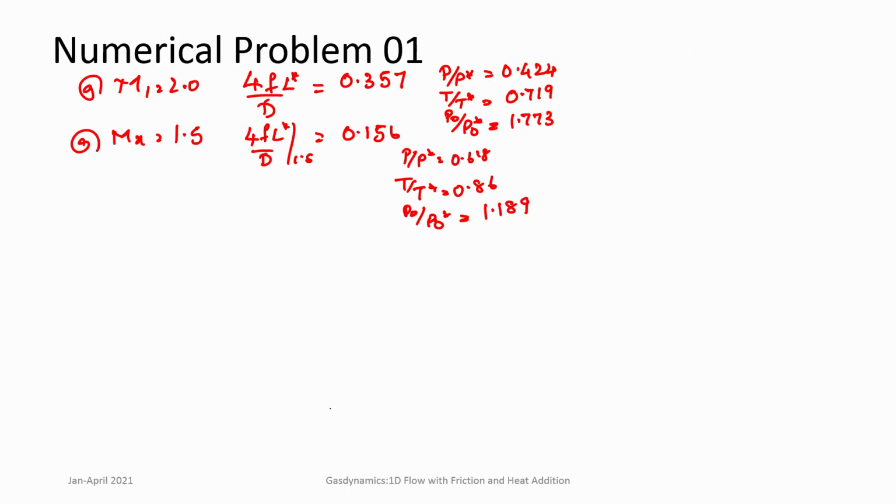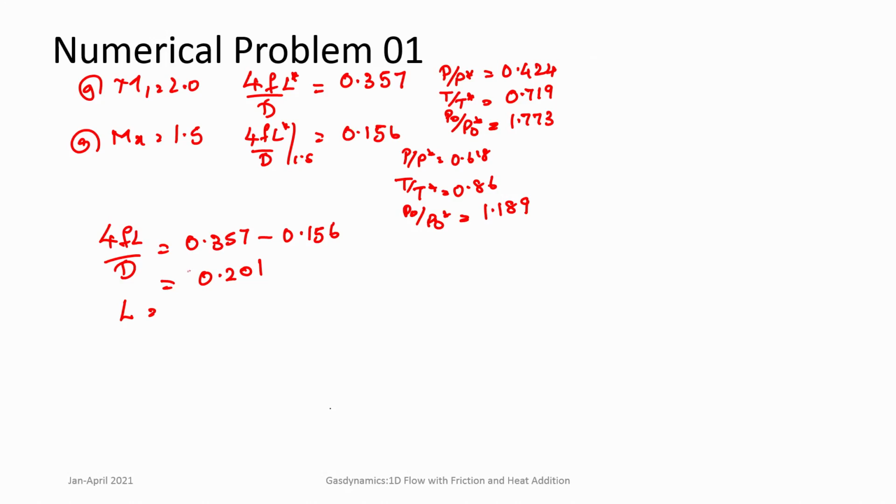What is the length before the shock? It is easy to find out. 4 f L by D is equal to 0.357 minus 0.156, which is 0.201.